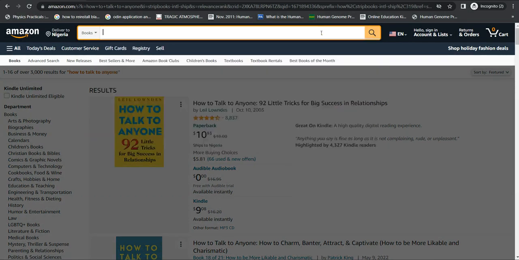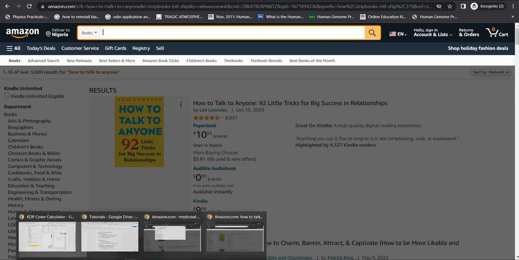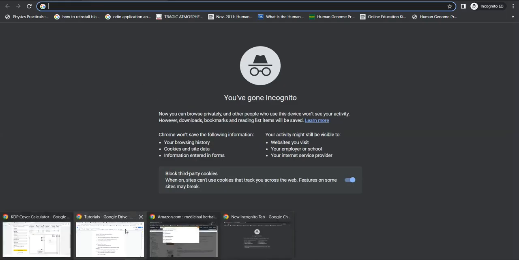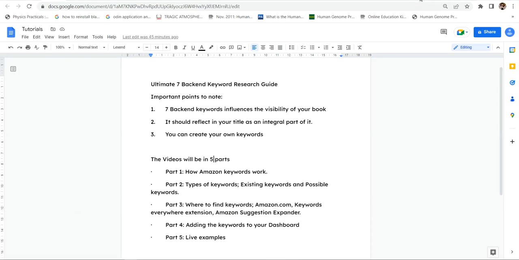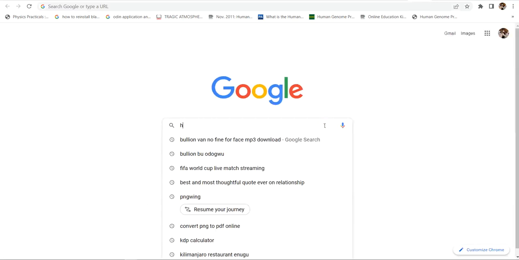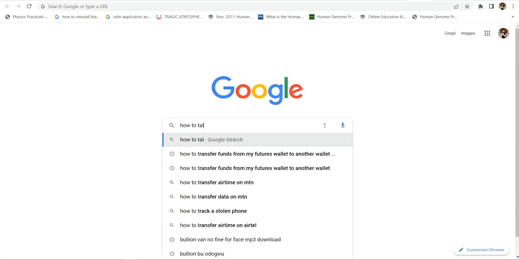Other places to find existing keywords, I'm going to explain in the next video. I'm going to show you the different places you can get existing keywords. For example, if you go to Chrome, just open a new tab and type how to talk.